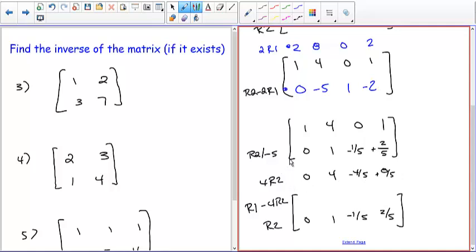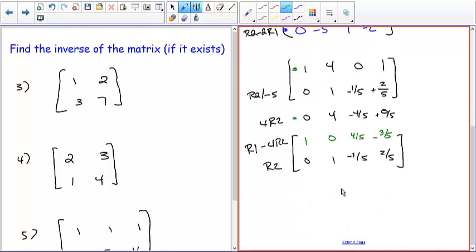So that's 4 times row 2. What I'm going to do is take row 1, subtract 4 times row 2. 1 minus 0 is 1. 4 minus 4 is 0. 0 minus 4/5 is plus 4/5. And 1 minus 8/5, well, this is 5/5. So 5/5 minus 8/5 is negative 3/5.